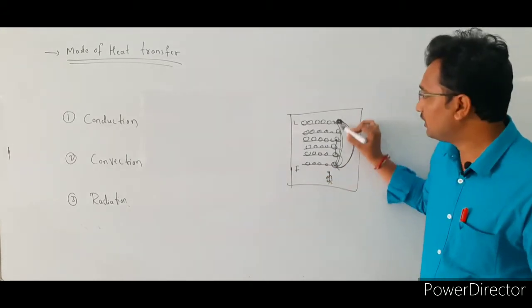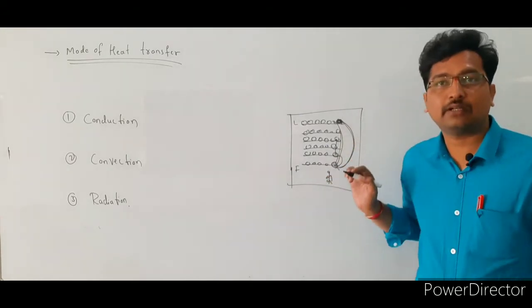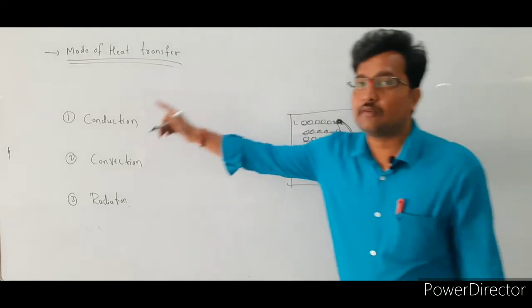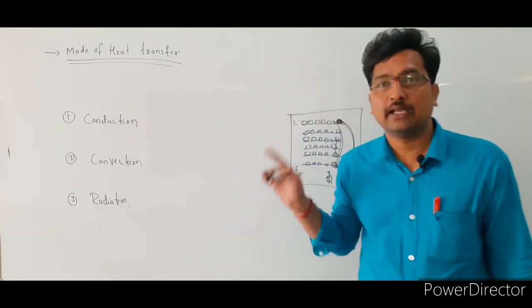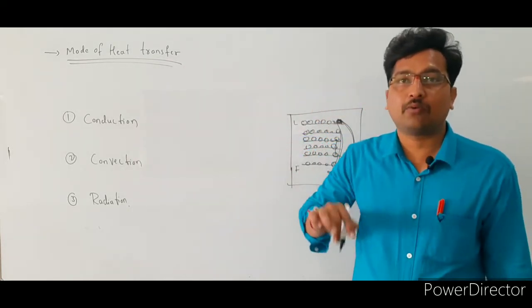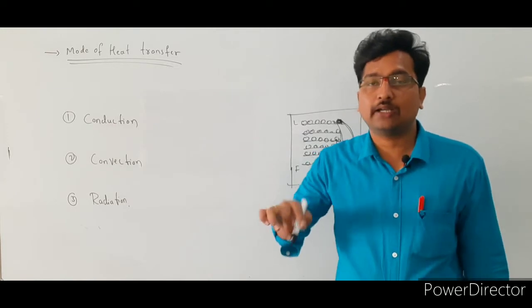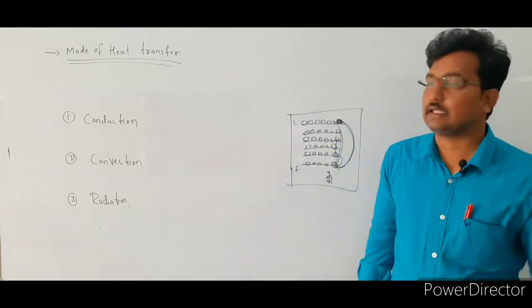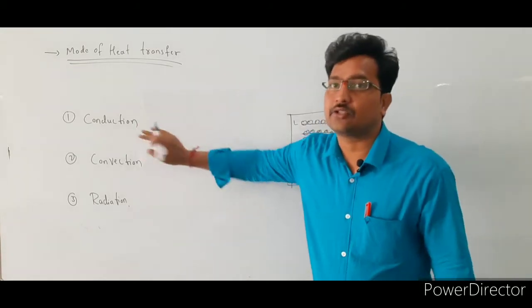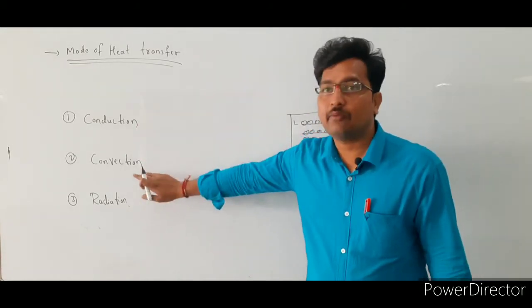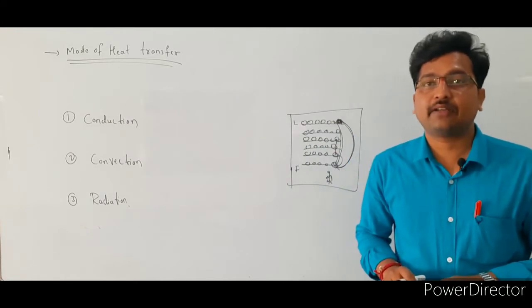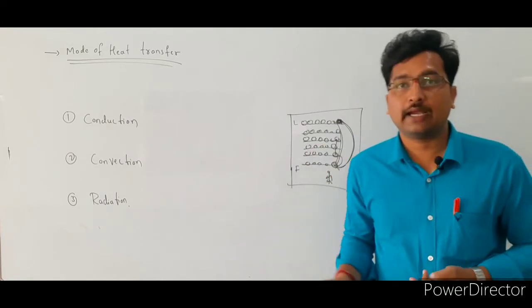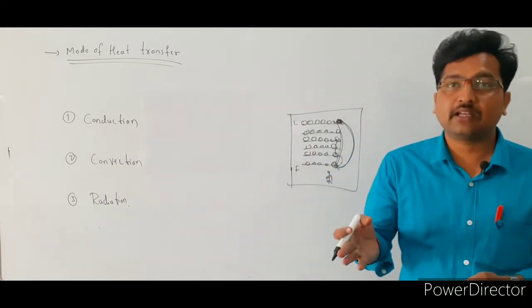In that case, all the students are in their respective places only. So that is the definition of conduction. And the next one, convection, means the heat is transferred from hot end to cold end with actual movement of the particle.